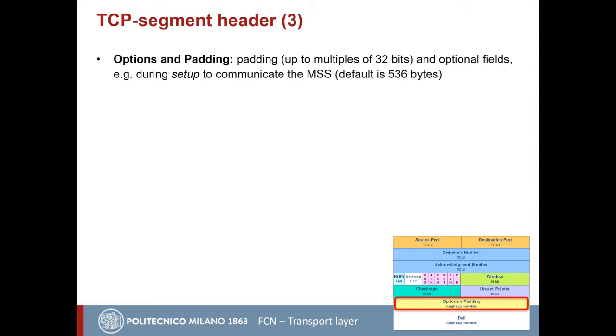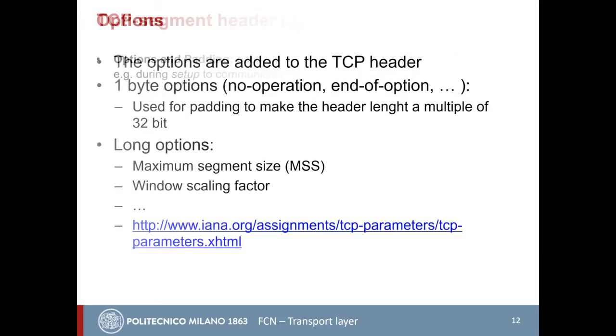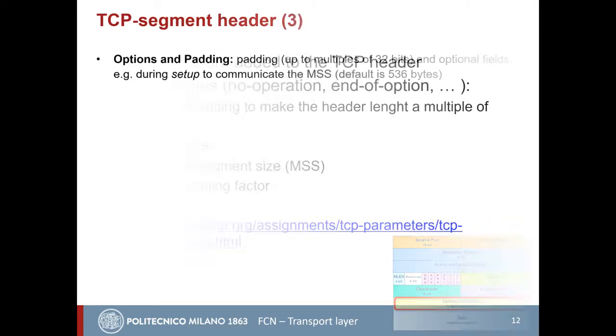And so in case the size of the option fields is not enough, there is some padding, which means useless information, usually zeros, that is placed there only to be compliant with the structure. Okay.